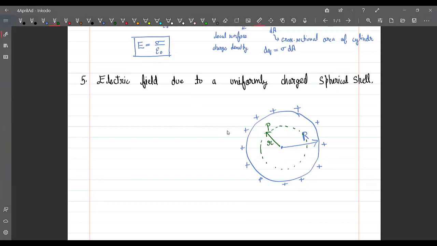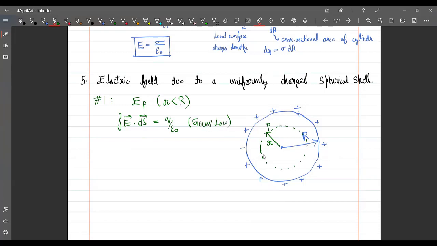So here, the calculation is very simple. First case is to calculate electric field at point P, where the point radius r is less than capital R. You can write the Gauss law, summation of E dot ds is equal to charge inside by epsilon naught. That is your Gauss law.